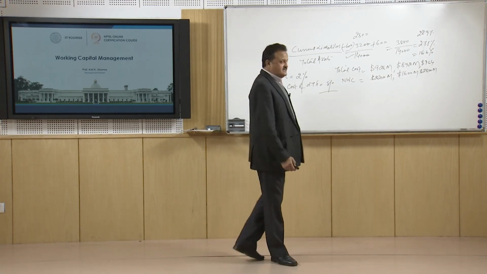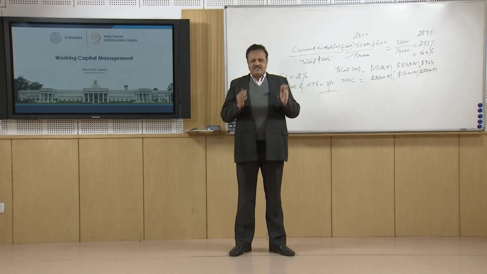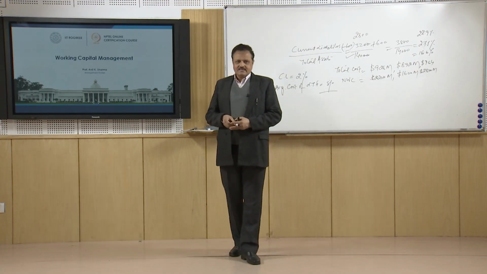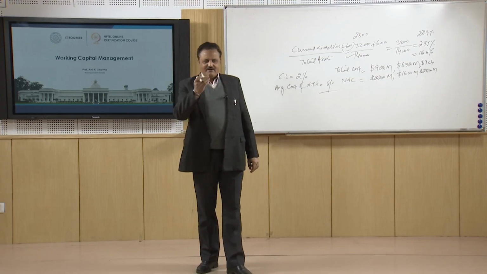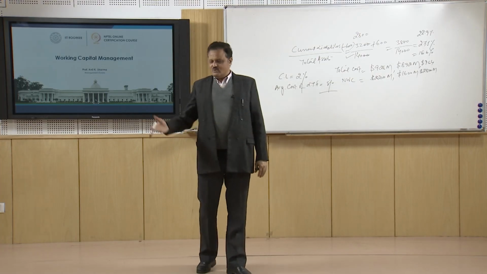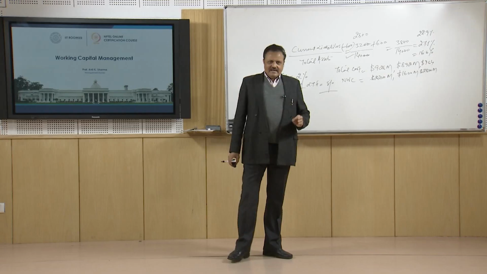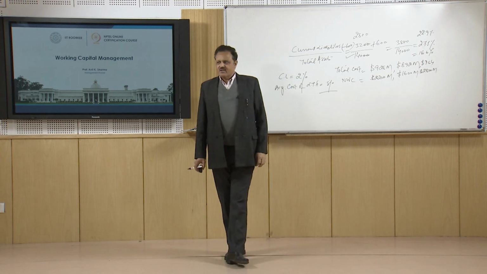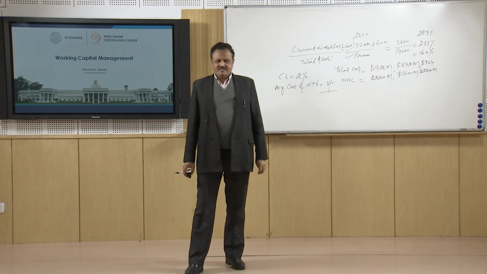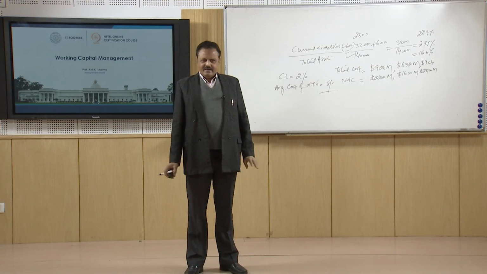Now here we see the total impact of the situation. Look at the situation we have calculated here already. If you look at the PPT, on this slide, we have done two things. One is that we have decreased the level of current assets, and the second is we have increased the contribution of the short term funds or the current liabilities, right?